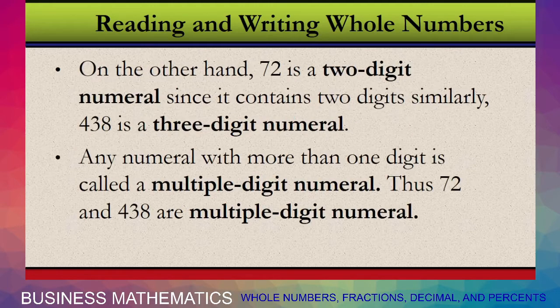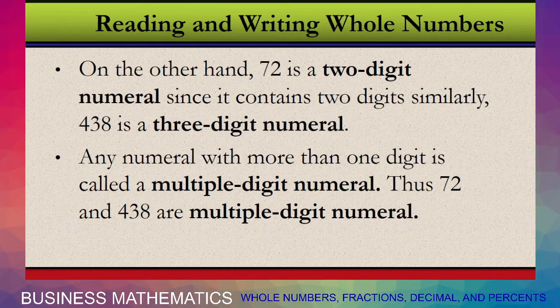On the other hand, 72 is a 2-digit numeral since it contains 2 digits. Similarly, 438 is a 3-digit numeral. So any numeral with more than 1 digit is called multiple digit numeral. So the 72 and 438 are multiple digit numerals. Okay. So yun yung about dun sa numeral.